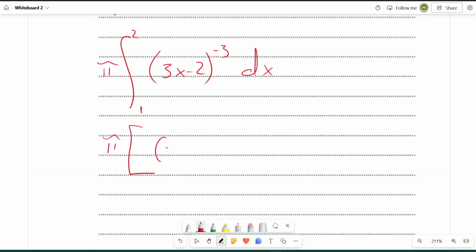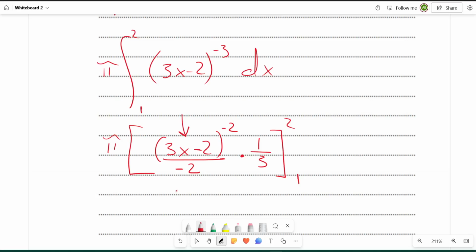So adding 1 to the power, it becomes (3x minus 2) to the power negative 2, dividing by the new power, so all over minus 2, and then we cannot forget to divide by the differentiation of what's inside. What's the differentiation of 3x minus 2? Basically 3. Dividing by 3 is the same as multiplying by 1 over 3.